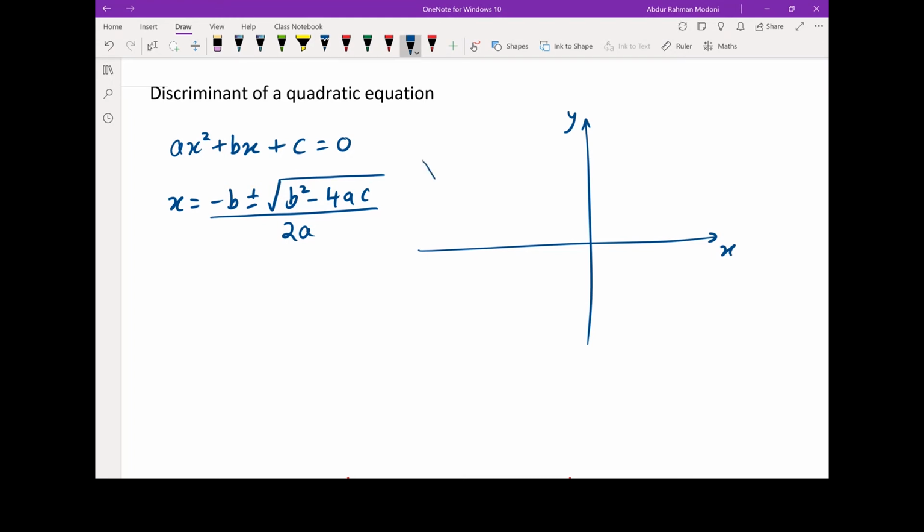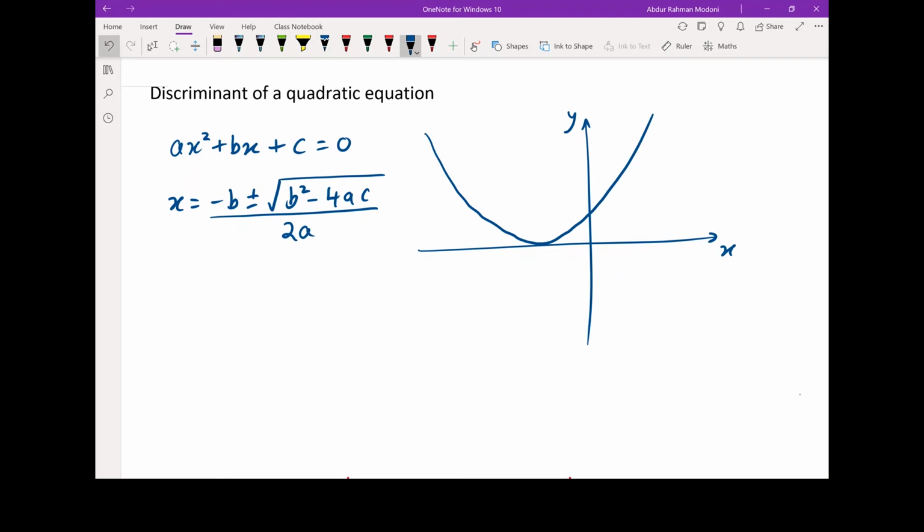If we were to draw it like that, it would cross the x-axis twice, giving us two solutions. Or you could have a quadratic which looks like this, in which case it doesn't cross the x-axis, no solutions. Or you could get a quadratic which simply just touches the x-axis, giving us just one solution.